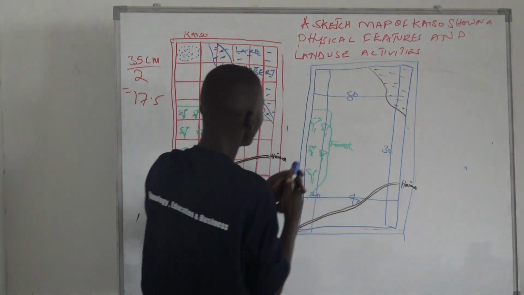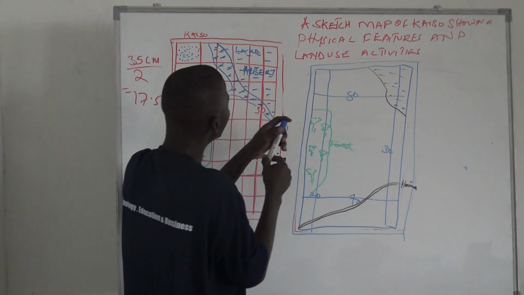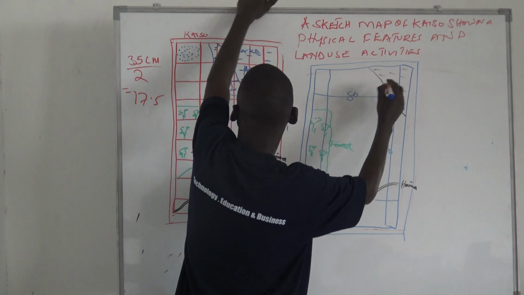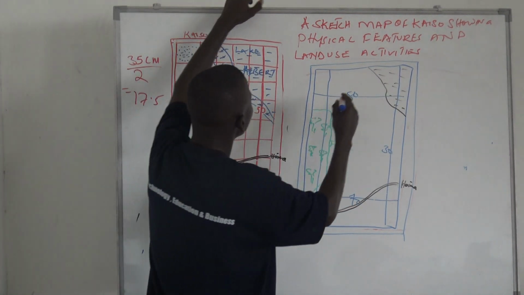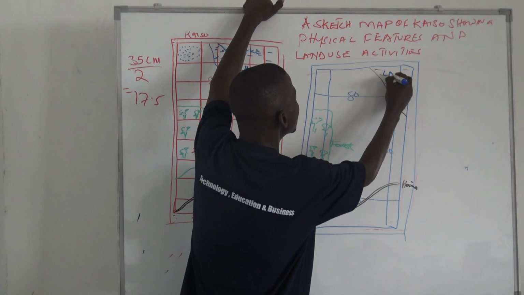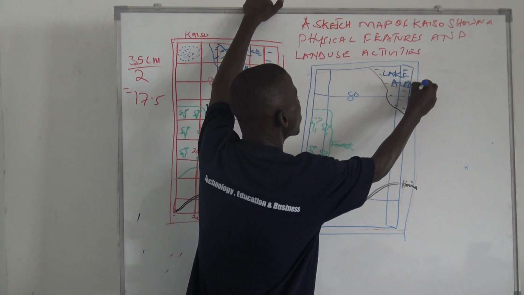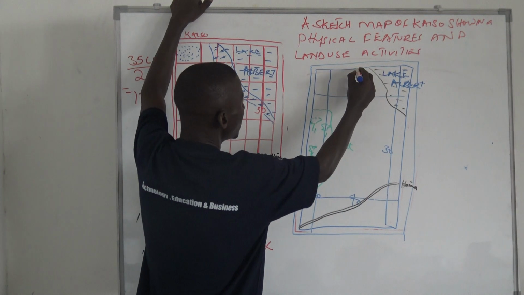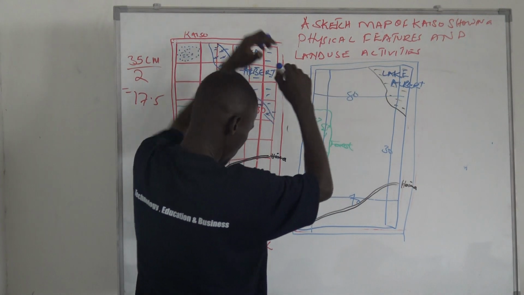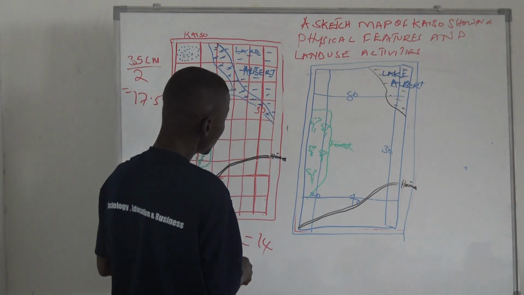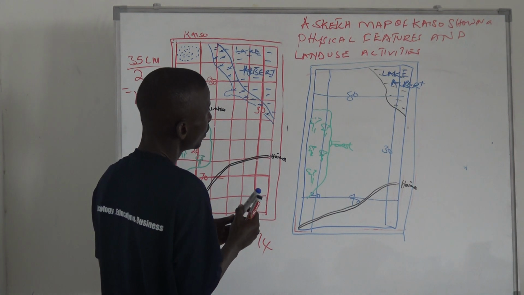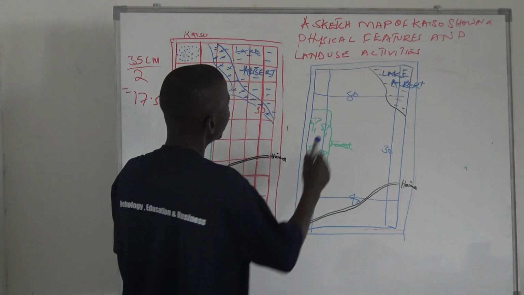So you just do the same way you did the other one, but this time without wasting time to first use a ruler to measure. This is Lake Albert. Then alongside Lake Albert is a swamp here.